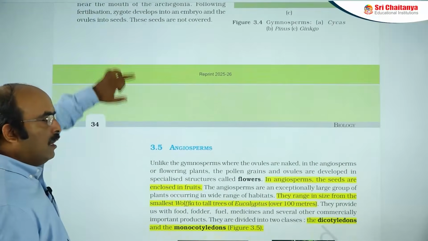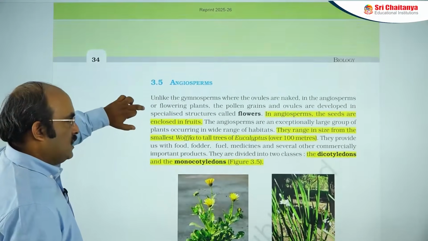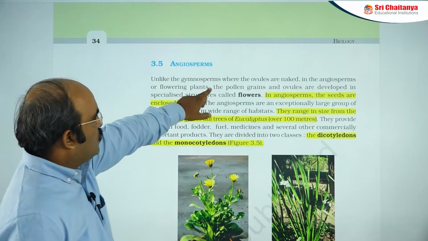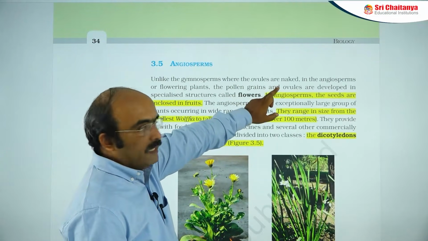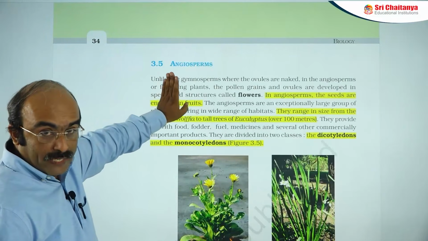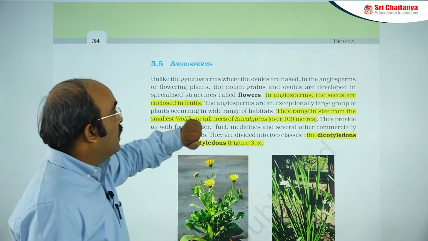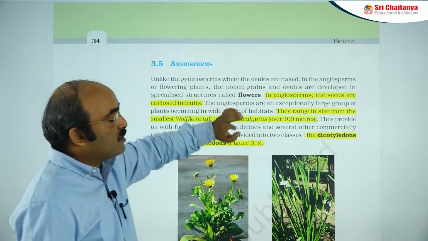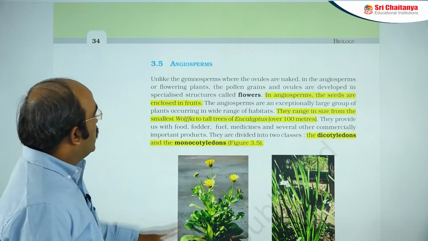Now coming to the last group, which is angiosperms. Now unlike gymnosperms where the ovules are naked, in angiosperms or flowering plants, which is very important, you observe the pollen grains and ovules develop in specialized structures called flowers.